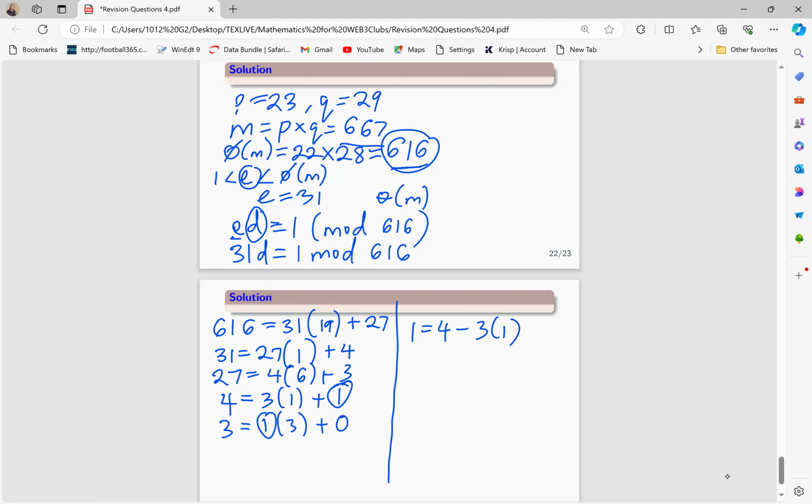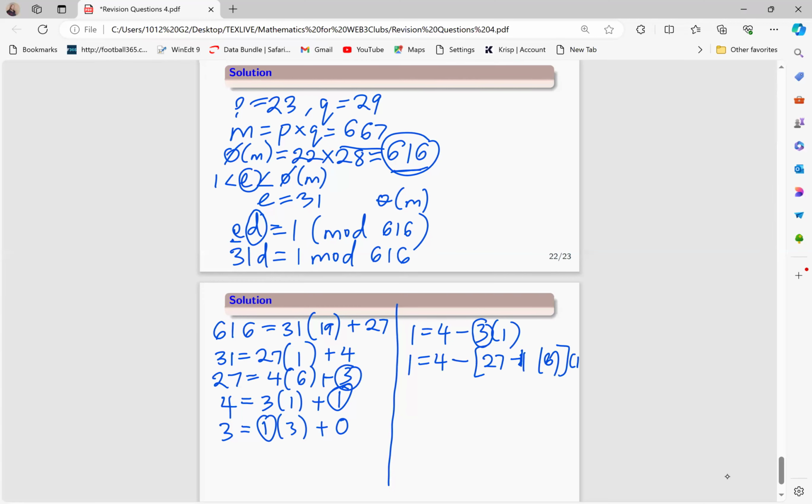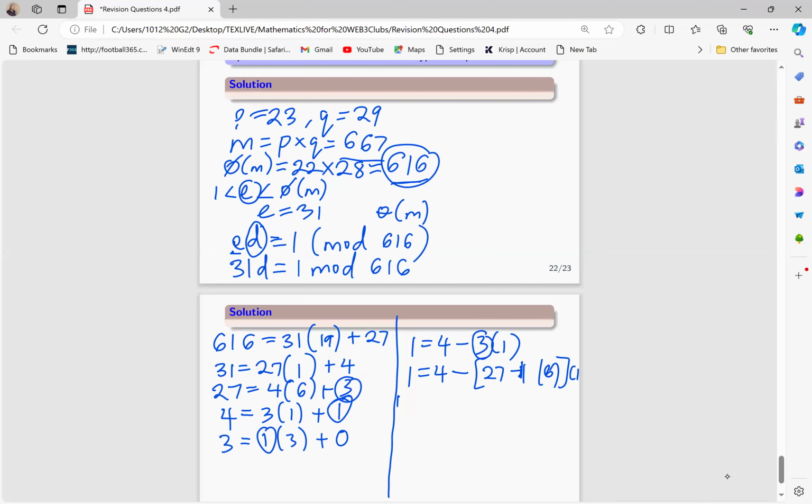Now we want to substitute the 3. So it's going to be 1 is equal to 4 minus (27 minus 4 times 6) multiplied by 1. So it's going to be something like 4 minus 27 times 1 plus 4 times 6.